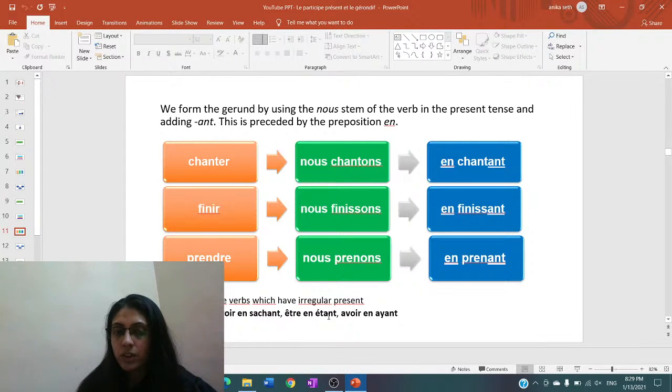En sachant, en étant, en ayant. So this is how we form the gérondif with the help of the present participle. In a way, you just need to know the formation of the present participle, and the gérondif you can automatically do, because you only have to add the preposition en. That's it.